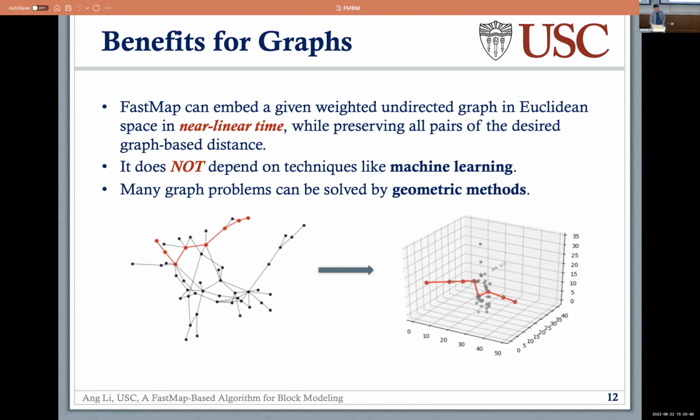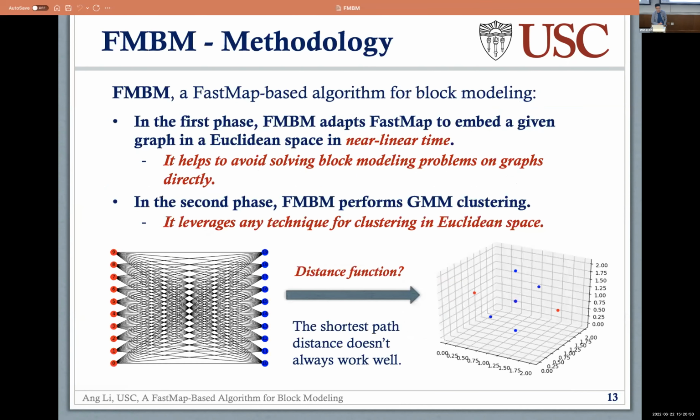So after the introduction of that background knowledge, I guess you can already guess how our FastMap method works for the block modeling problem. In our paper, we propose FMBM, a FastMap-based algorithm for block modeling. It has two phases.